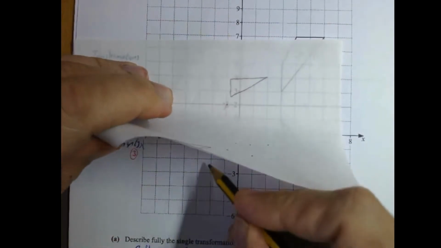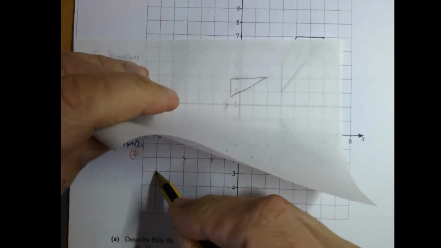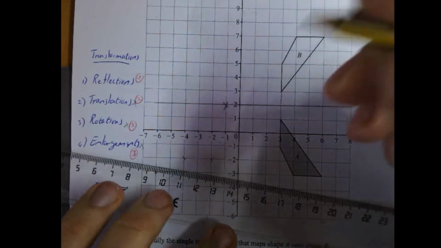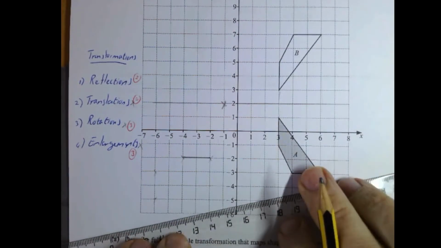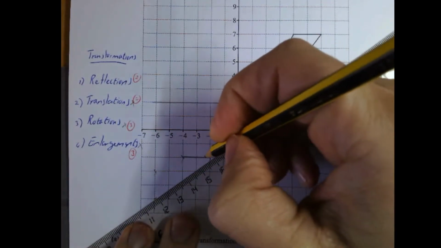Okay, so look carefully. Let's mark the corners. Alright, and then we take a ruler and a pencil, because if you're not accurate enough, they're not happy to give you your marks.